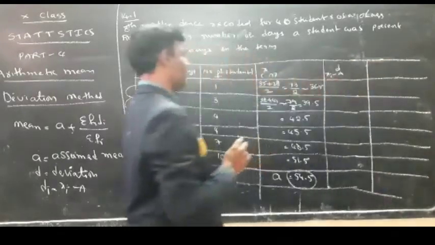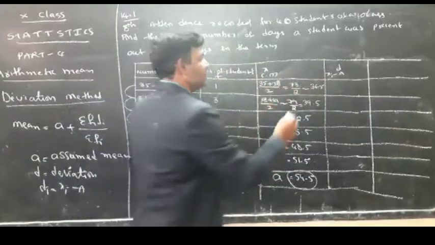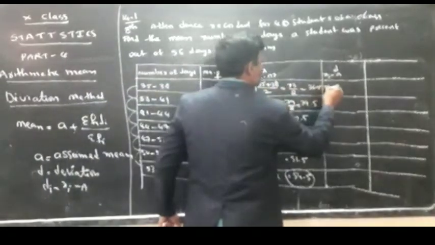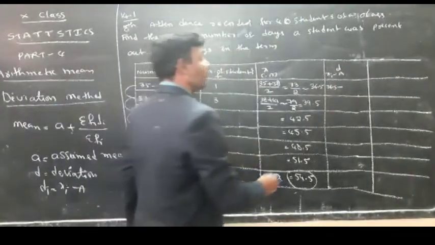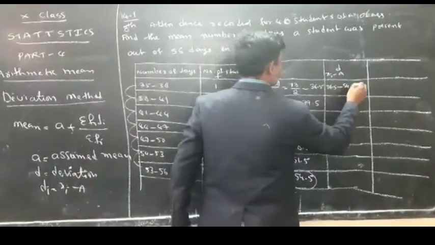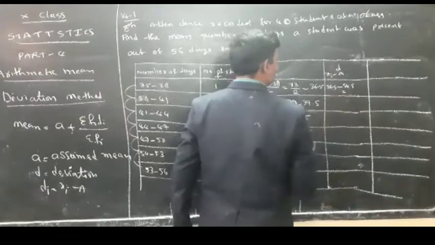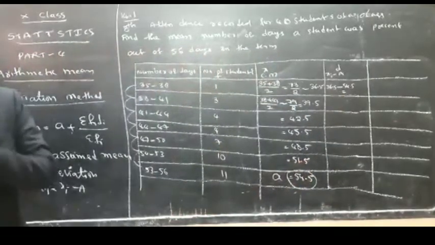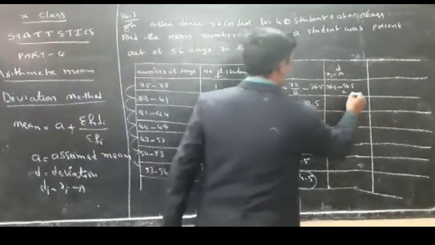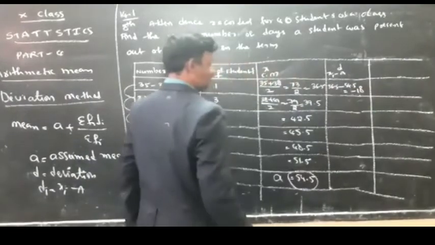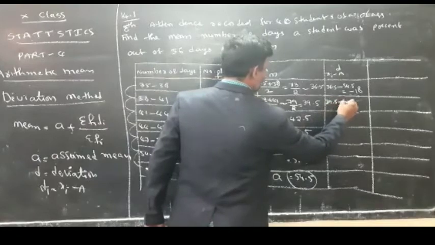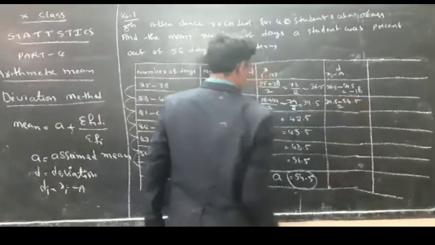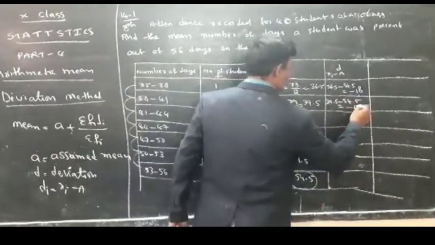Xi minus A. In this box, what is the x? 36.5. 36.5 minus, what about A? A is nothing but 54.5. How much will you get? 36.5 minus 54.5. By subtracting, you will get minus 18. Then after, 39.5 minus 54.5, you will get minus 15.